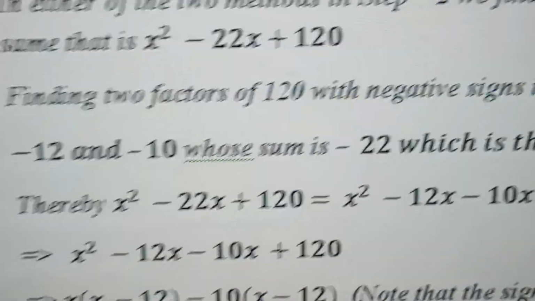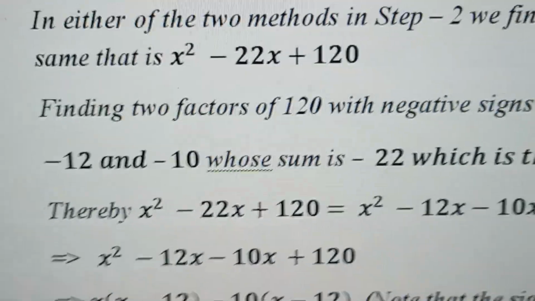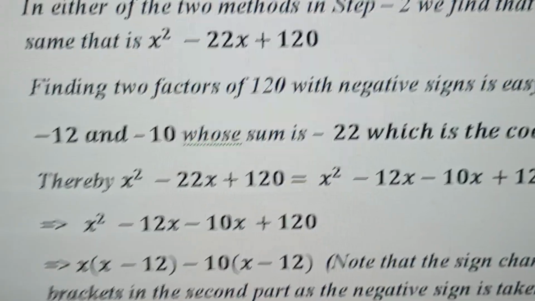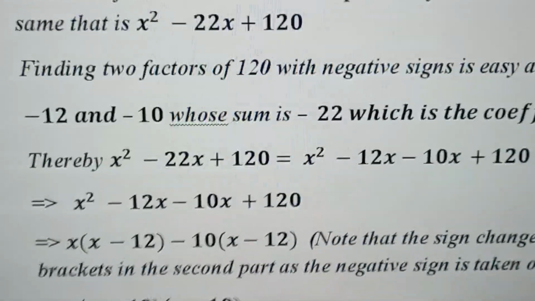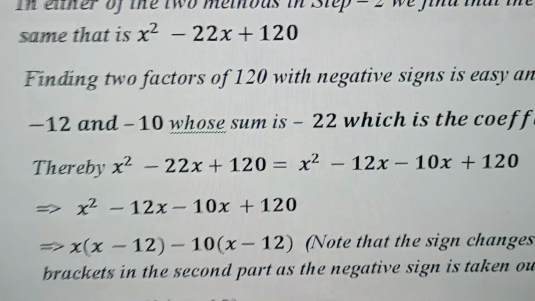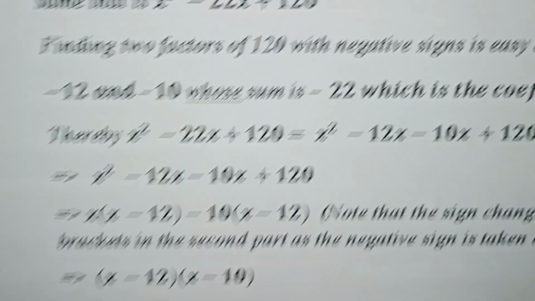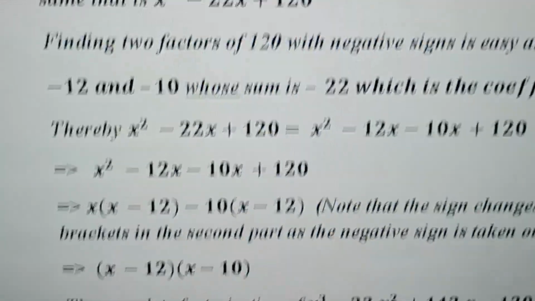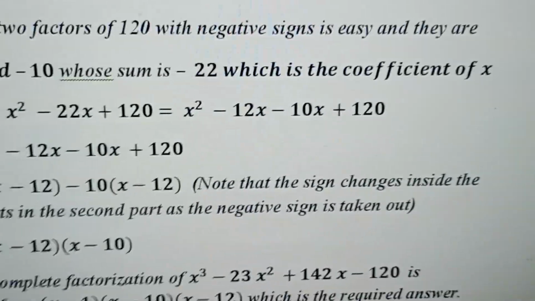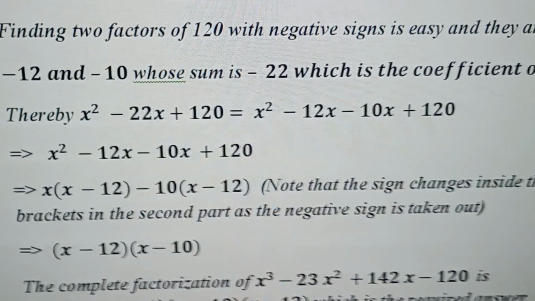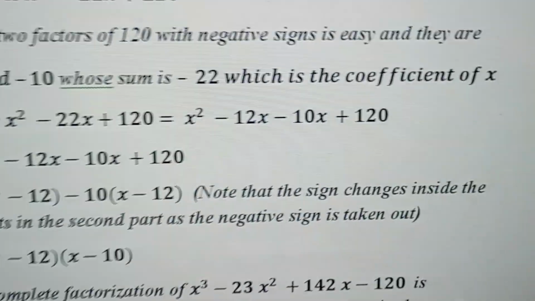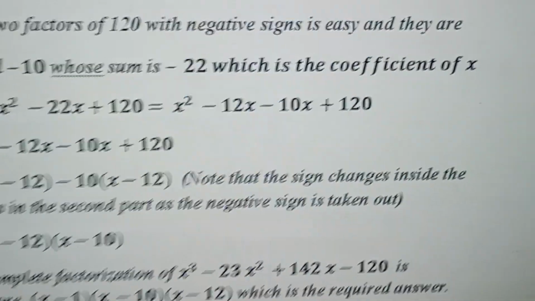So minus 12 and minus 10, product will be plus 120, minus into minus plus, but the sum will be minus 12 plus minus 10, that is minus 22, which is the coefficient of x. So we split the minus 22x as minus 12x minus 10x.